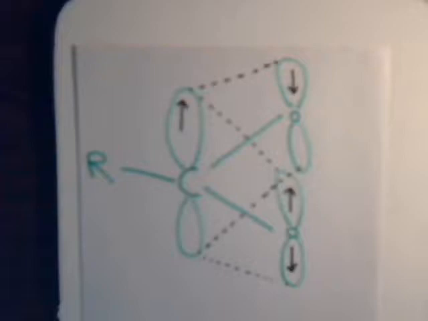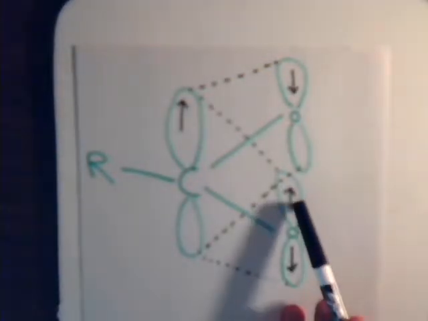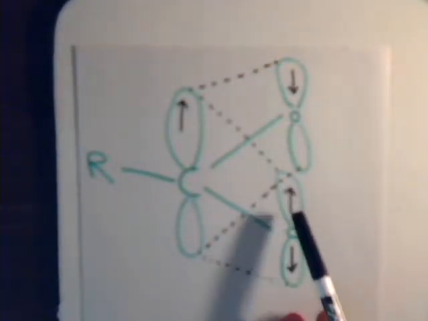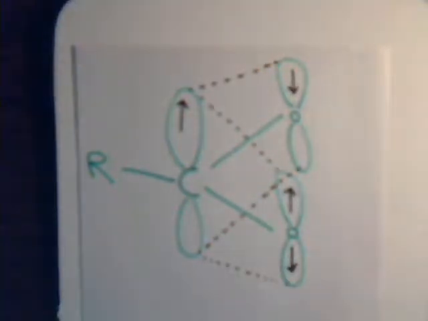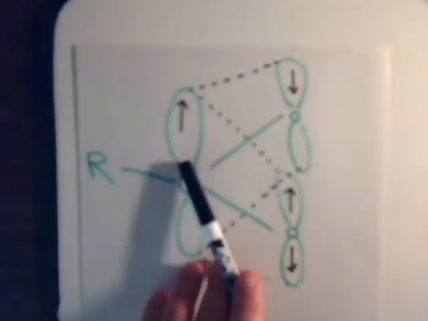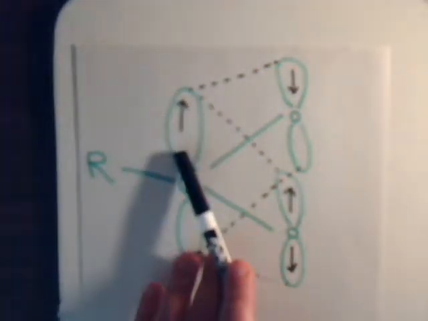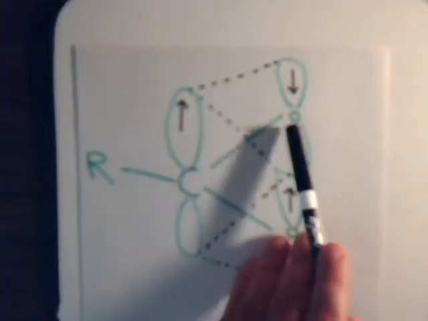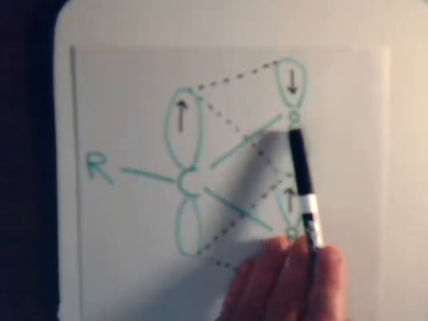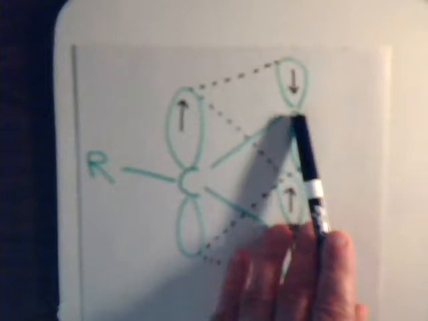Now, in the anion, it's a bit of a different situation. What we have is the oxygen with its lone pair of pi electrons, the carbon with its single electron in the p orbital, and the carbonyl oxygen with its single electron in the p orbital.